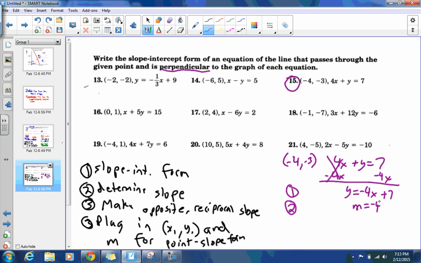It's that number that comes right before the x. Now step 3 is a new step 3, and I'm going to change this right here to step 4. Step 3 is make the opposite reciprocal slope. So if this is -4, it's actually -4/1. So opposite, this is the new slope.